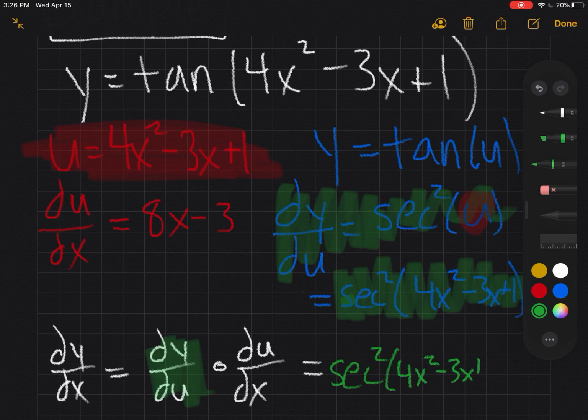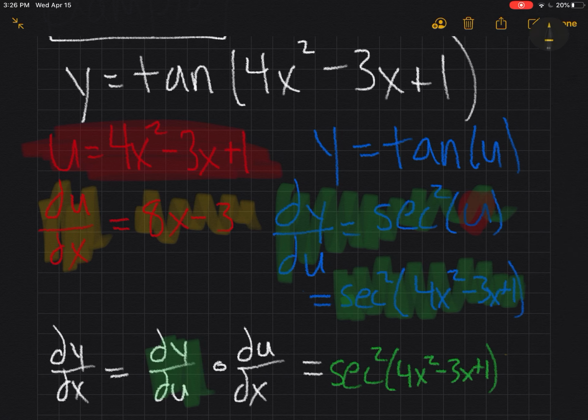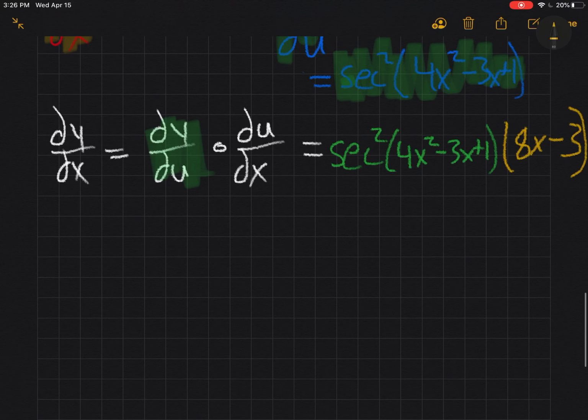So our derivative of y with respect to u is right here, and when we did our substitution, we got this. So that's secant squared of 4x squared minus 3x plus 1. And our derivative of u with respect to x is 8x minus 3.